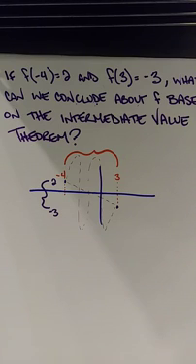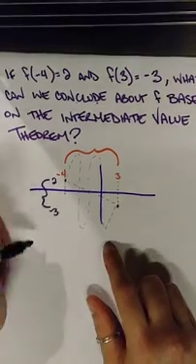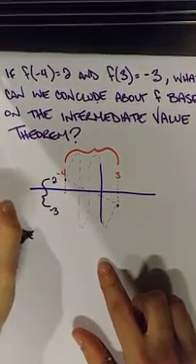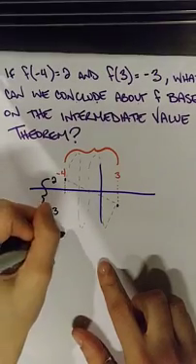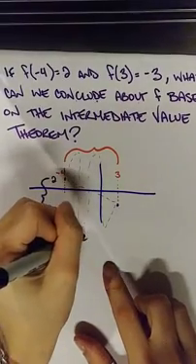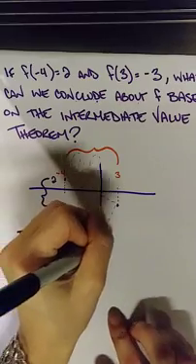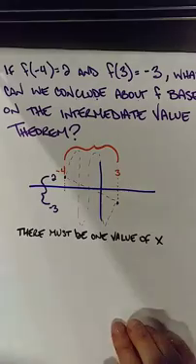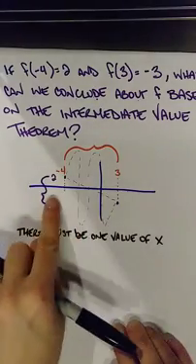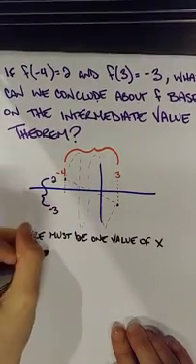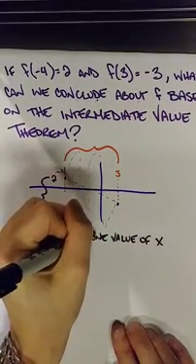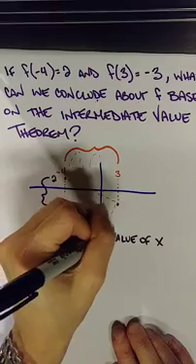So we can make some suppositions. We can go ahead and suppose that there must be one value of x somewhere in here such that, so this is one value, at least one value. That's going to be important.